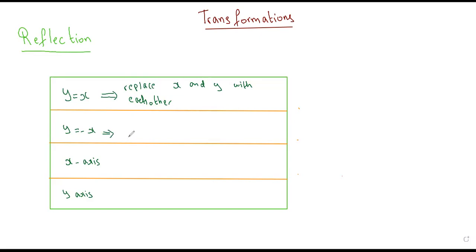Do not worry. Let me just write this down. Meanwhile, you can just relax for some time. We will replace x and y and change sign.